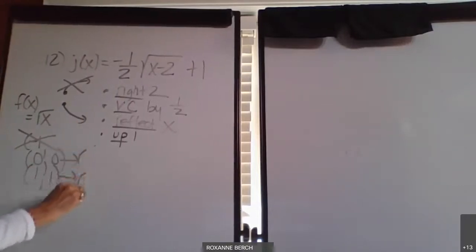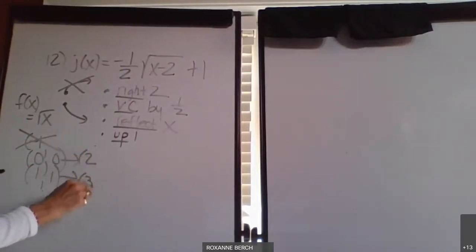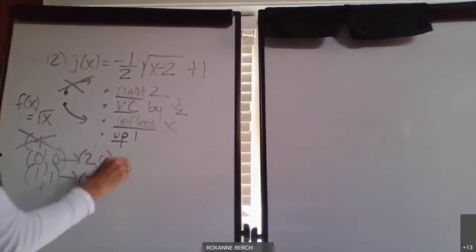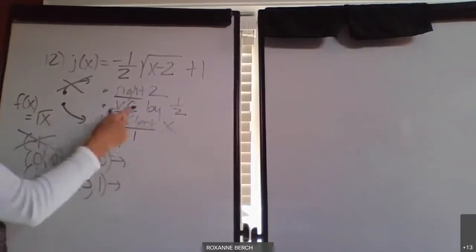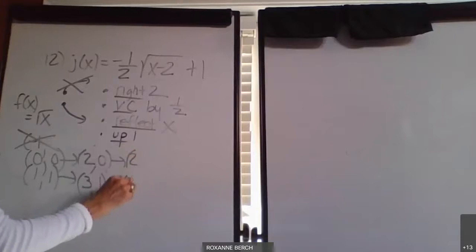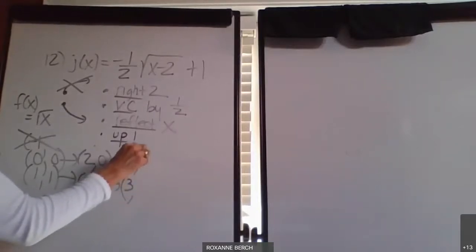Right 2 means add 2 to the x, and the y does not change. Vertical compression means multiply the y by 1/2, so the x stays the same and you multiply y by 1/2.